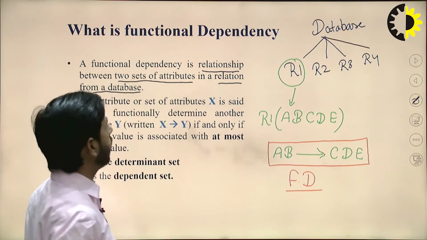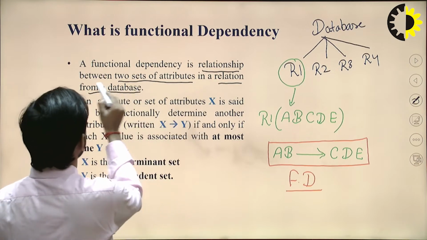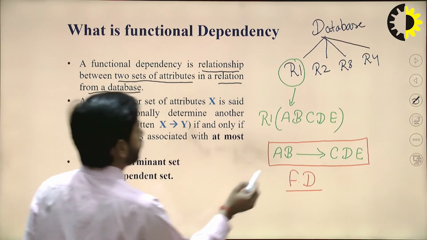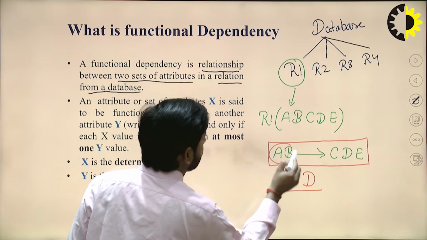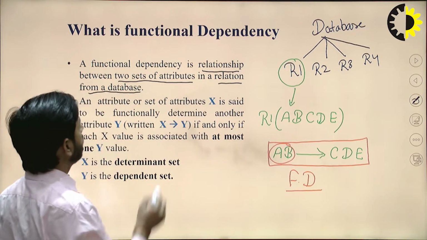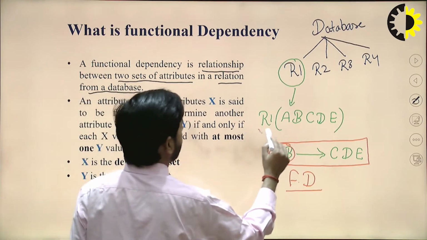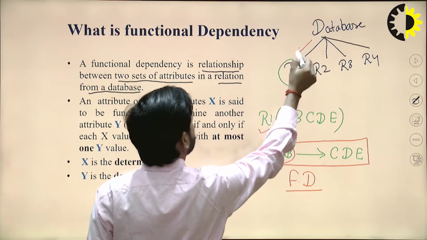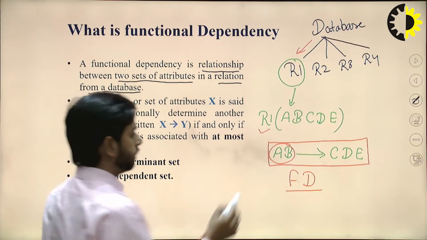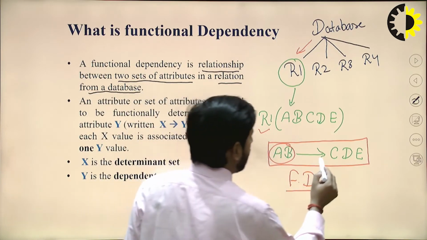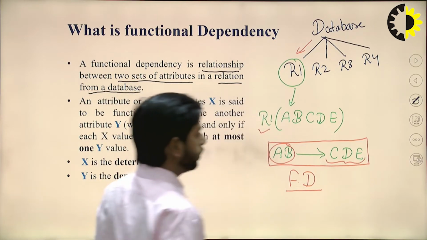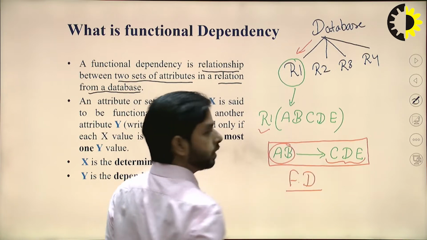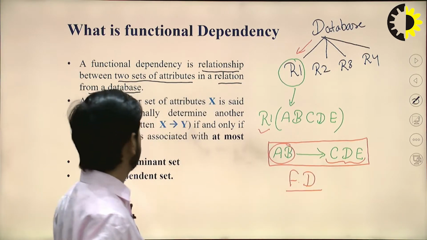A functional dependency is a relationship between two sets of attributes in a relation. R1 is a relation from a database. From this set of attributes we find some other set of attributes, so there is some relation between these sets of attributes.